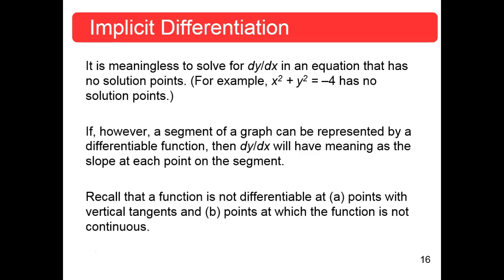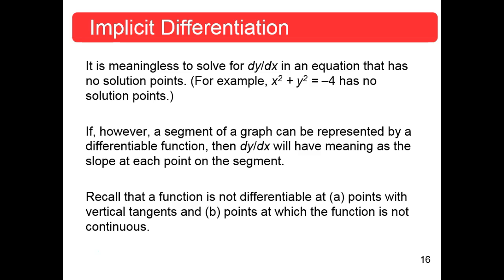Any questions? All right. Let's get going on implicit differentiation. It's meaningless to solve for dy/dx in an equation that has no solution points. For instance, this one, x squared plus y squared is equal to -4. Don't even try. You can go through the motions, but this has no points. You're dealing with real numbers here.